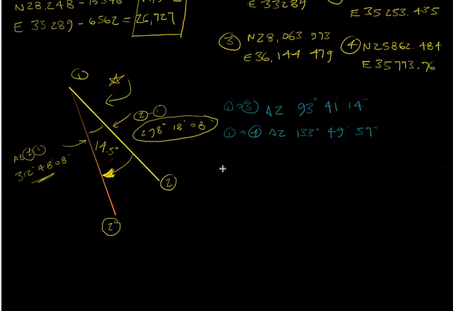So from 1 to 3, the new azimuth is going to be 108, 11, 14.